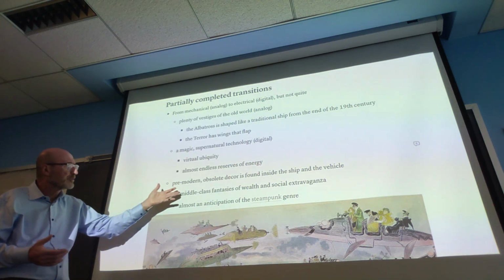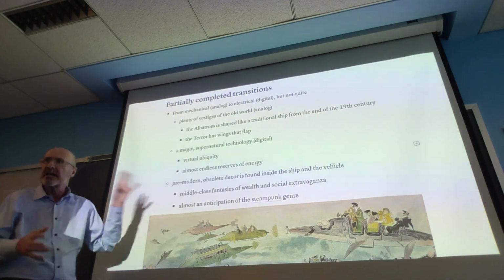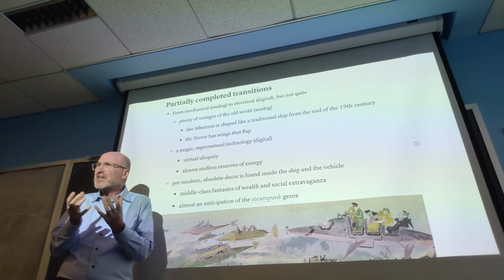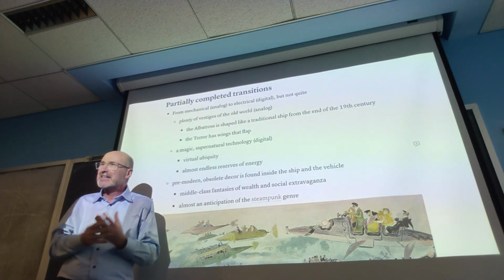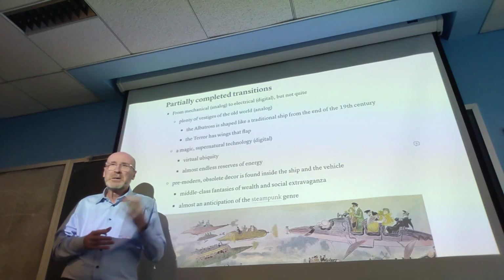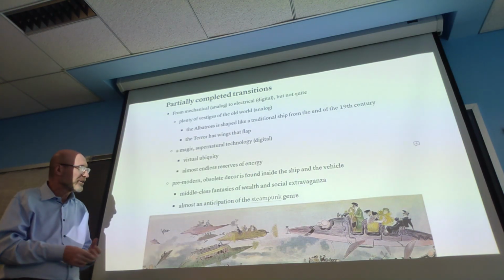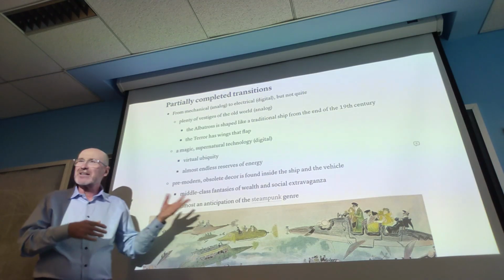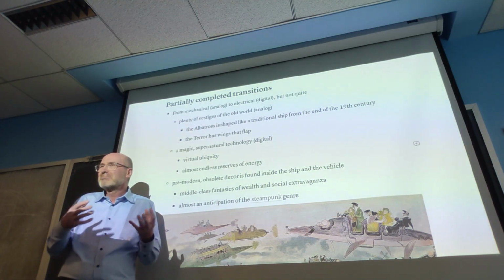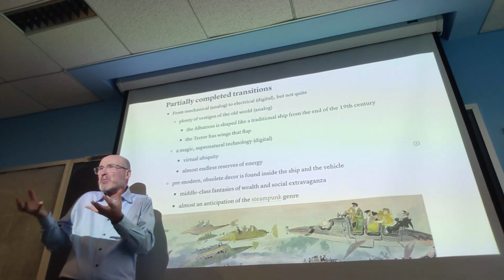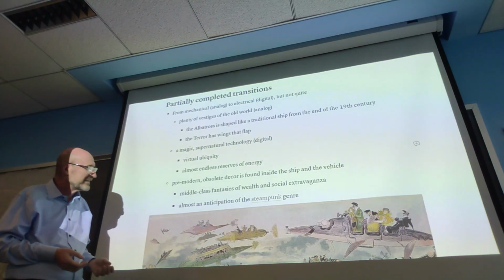Both vehicles are pre-modern in some ways. Inside, the decor is not the Enterprise from Star Trek, but it's very much like a ship or a train with old furniture, and the cabin of the leader is like the office of a wealthy person, right?